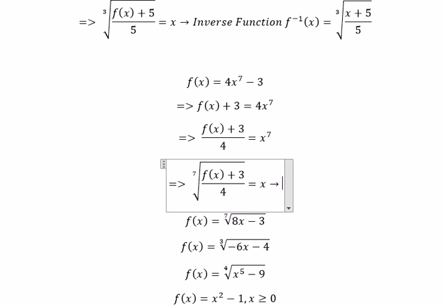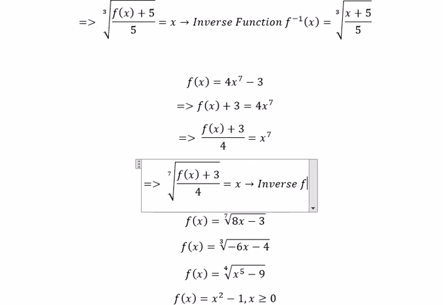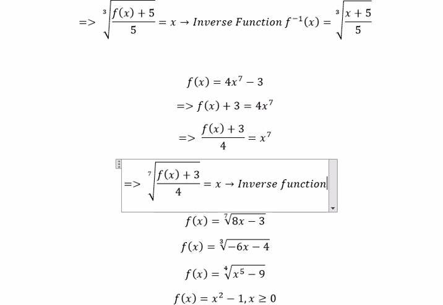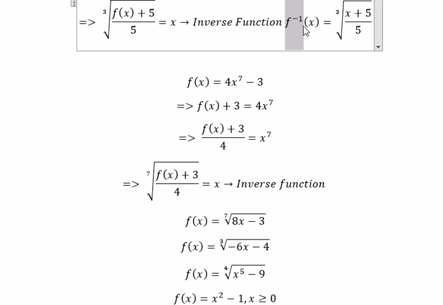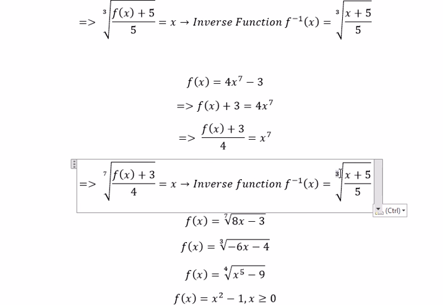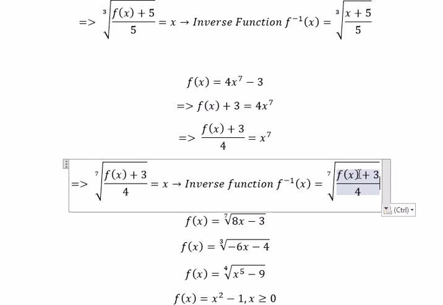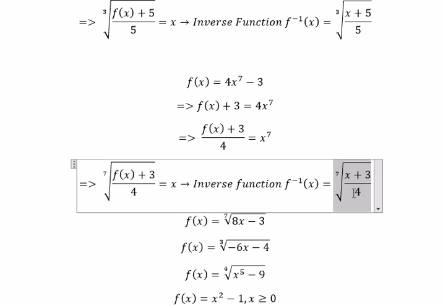So we got the inverse function. So we change this, it is number 7. So we just change about s. This is the inverse function.